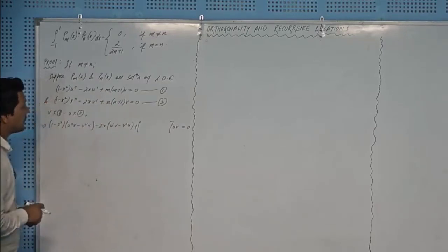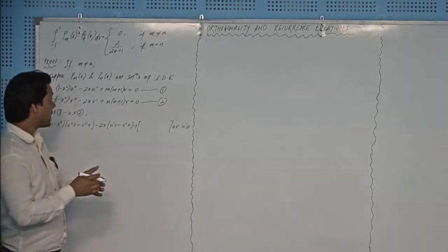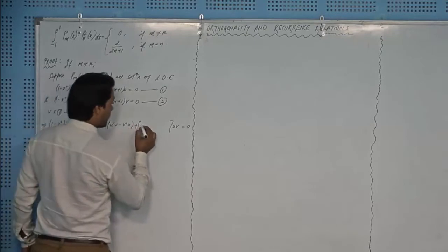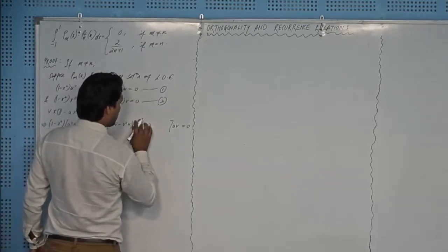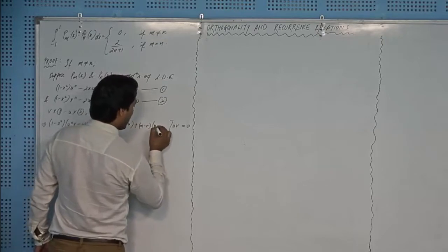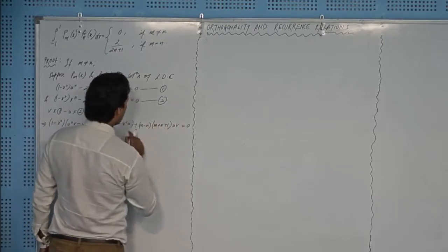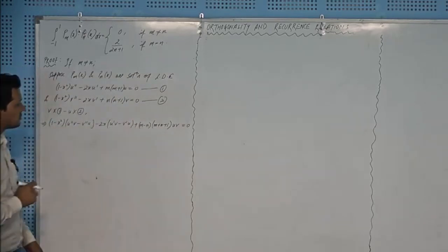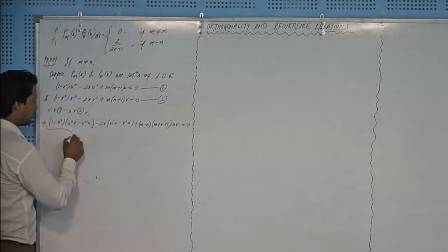That will give you m square minus n square plus m minus n, and m minus n multiplied by m plus n, and ultimately m minus n will be taken common, and inside the bracket you will have m plus n plus 1. So on simplification you will obtain this. Now focus on these two terms.